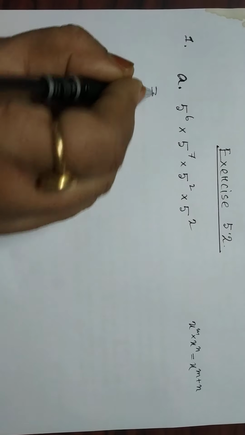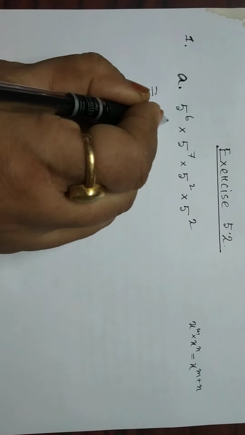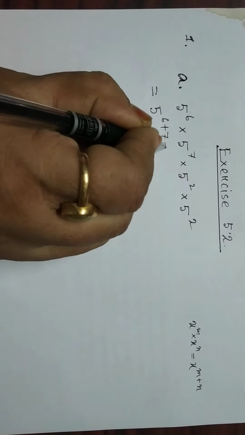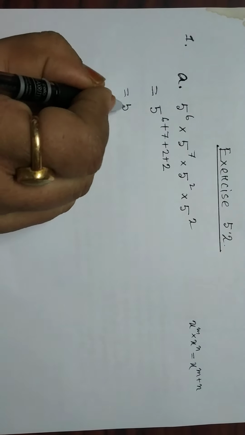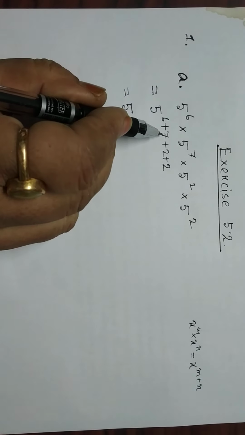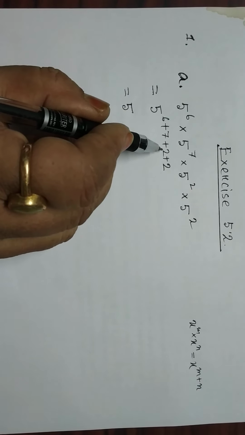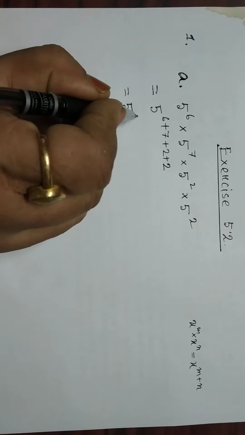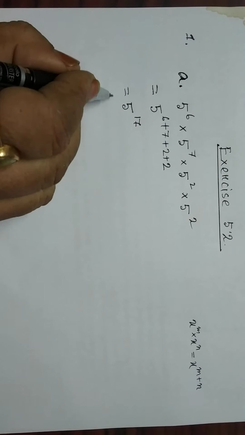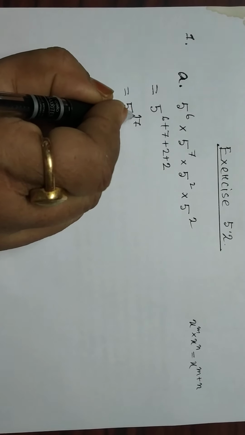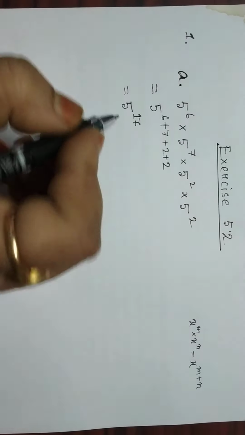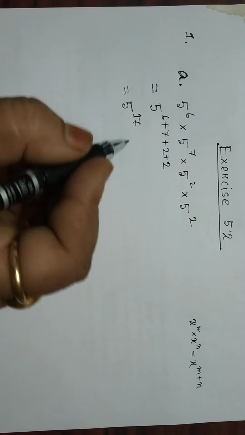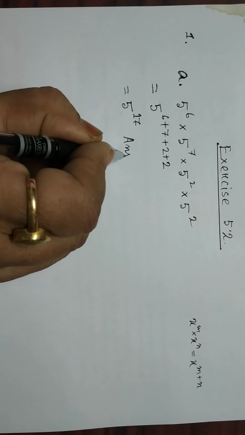That's why we can write 5 to the power 6 plus 7 plus 2 plus 2. That means 5 to the power how much? 6 plus 7 is equal to 13, 15, 15 plus 2, 17. Therefore, our answer is 5 to the power 17, because we have to write in exponential form. That's why 5 to the power 17 is the answer.